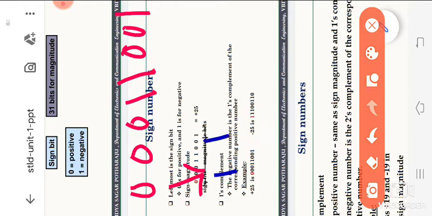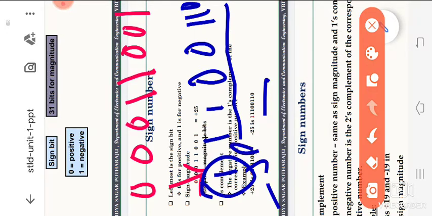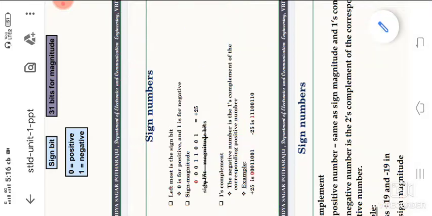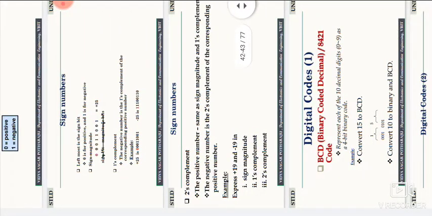Here 1 1 1 0 0 1 1 0. This indicates the negative value for 25. So this is the signed number. In 2's complement it is the same: first we apply 1's complement and after that add 1 to the rightmost bit. So that is the 2's complement.